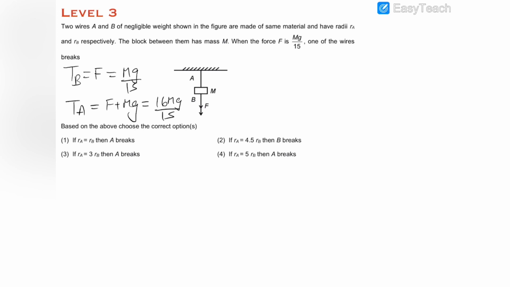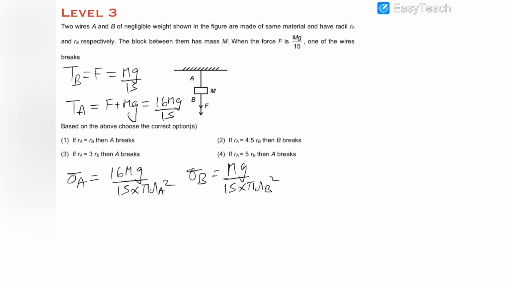So the stress produced in A will be equal to 16 mg by 15 into pi RA square and stress produced in B will be equal to mg by 15 into pi RB square.